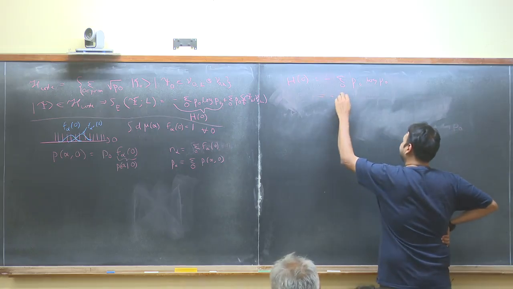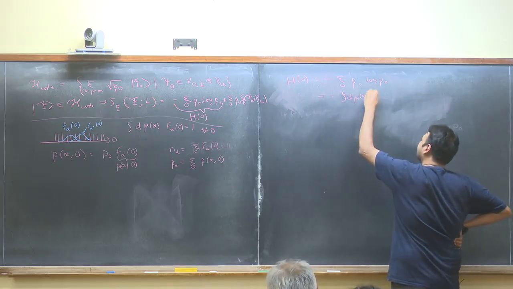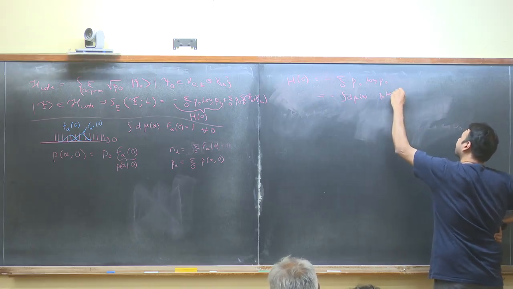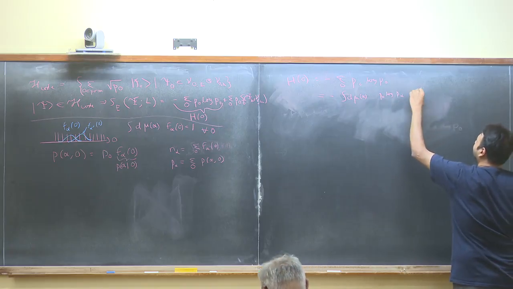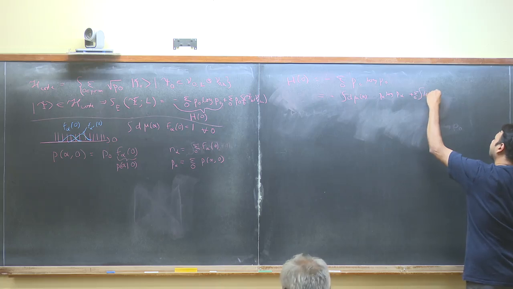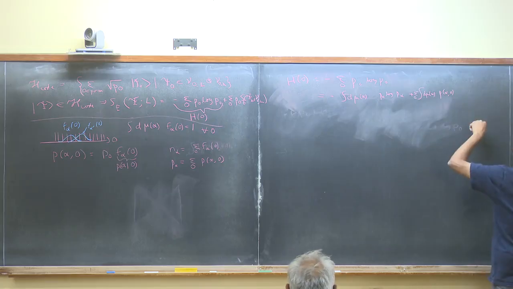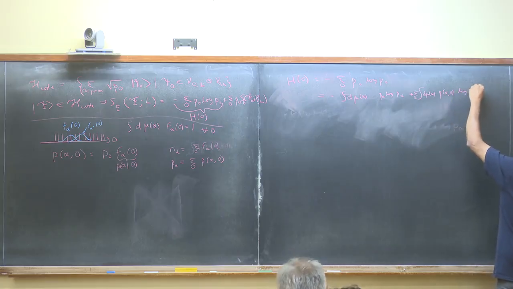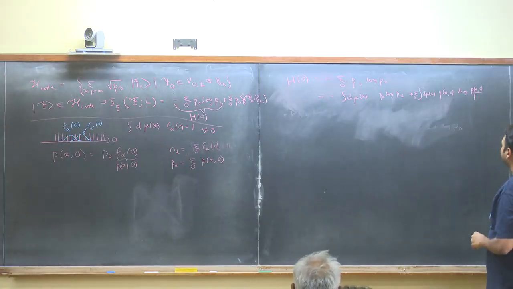I can rewrite it with P alpha log P alpha, and P alpha O log of, it should be H of O given alpha.